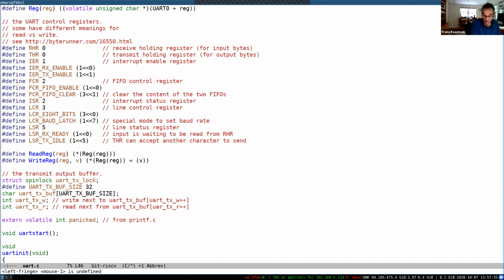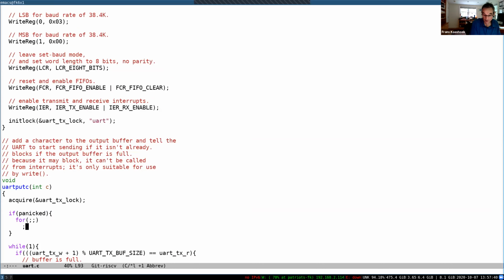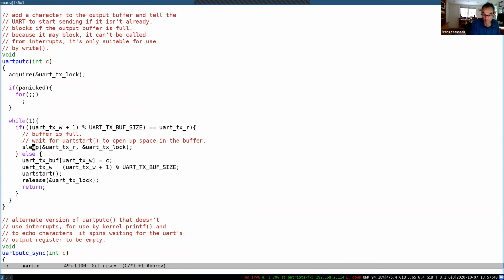So here's the code again, and let's look at acquires. Here's UART putc, and the first thing it does is grab the lock, then, if there's a place in the buffer, stick the character in the buffer, start the printing, and then release the lock.